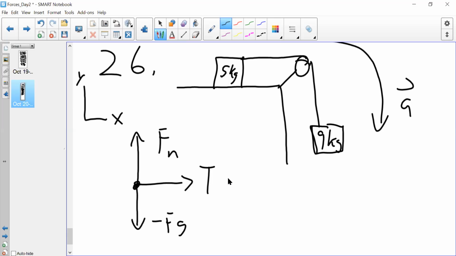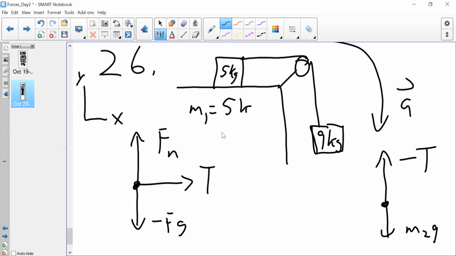And then for this one, it's going to have minus T because it's going against, and this is going to be plus, I'll just call it m2g for the second mass. So m1 is 5 kilograms, m2 is 9. Oh, going to the center of the earth, it's gravity.